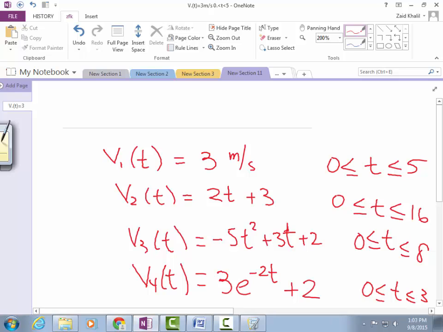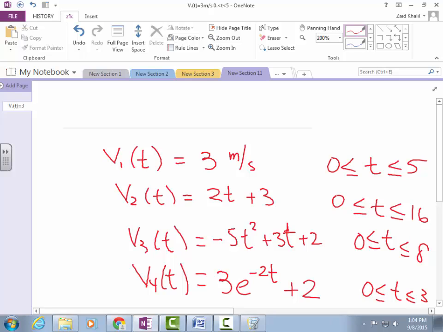Notice all these share the same time interval between 0 and 2 seconds. Some of them go on longer than 2 seconds, some of them way longer, but they all share the interval from 0 to 2 seconds, correct?